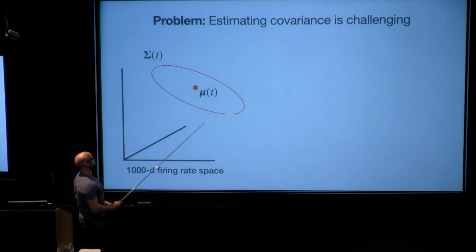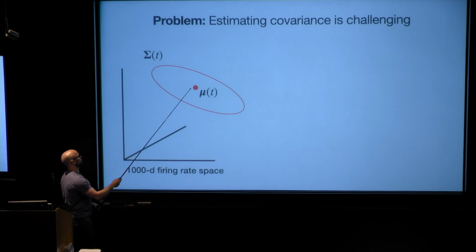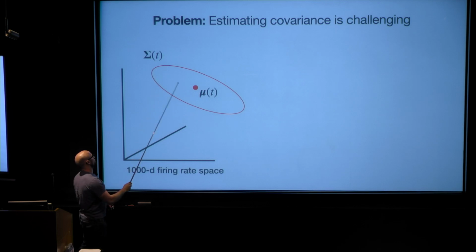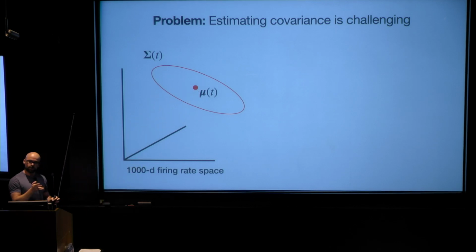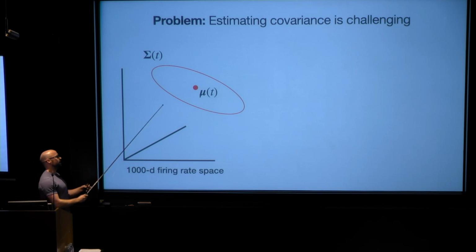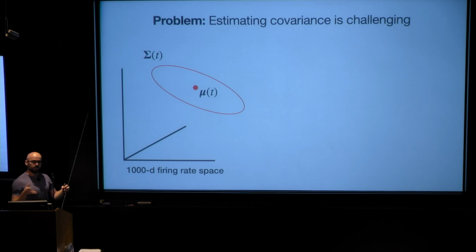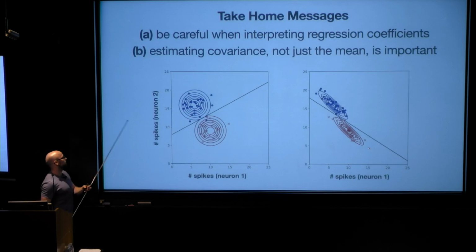Estimating the covariance is even more difficult because I need to estimate the principal axes of variation and the widths of each of those axes. So every time I add a new dimension, I'm making my problem much harder and harder. And just to make sure that everybody's following here, in this case, I simplified it down to 2 neurons so that we can visualize it.